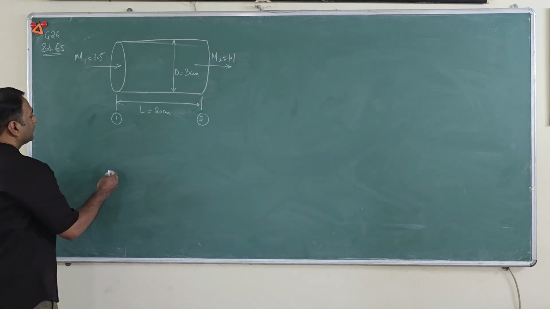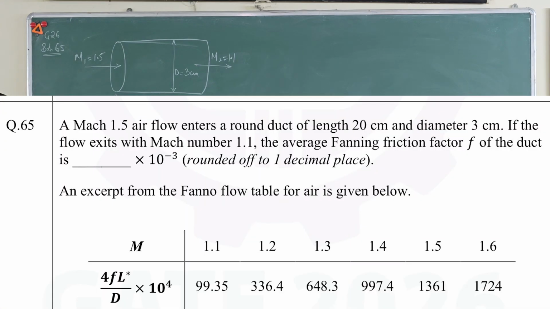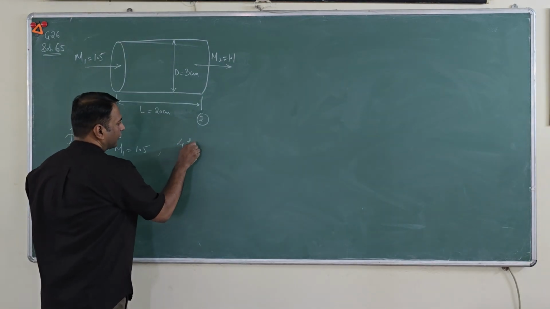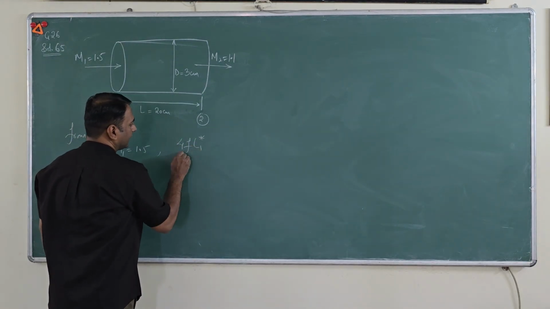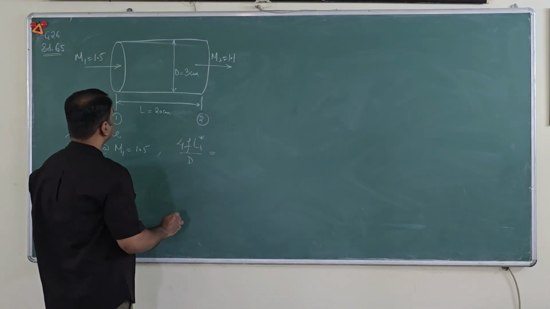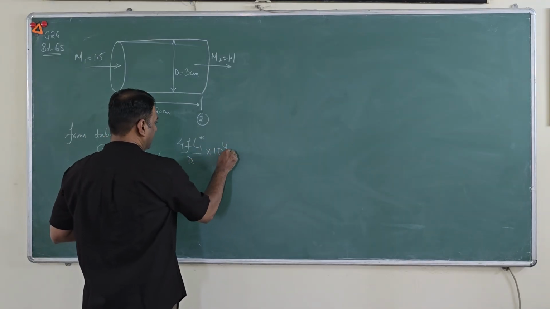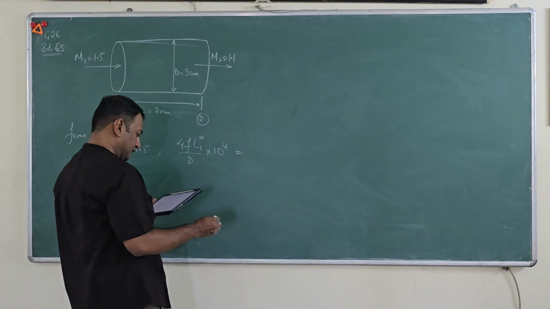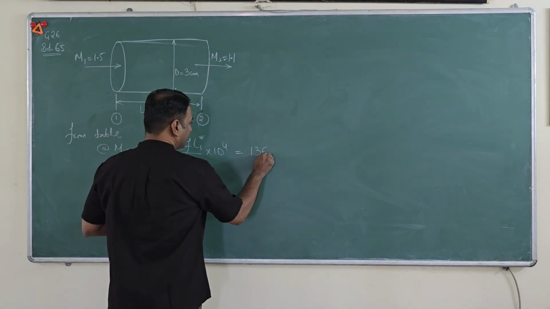Okay. So from the given Fanno flow table, at M1 equals 1.5, we can find 4fL1* by D. That is, they gave it like this, times 10 power 4, equals 1361.